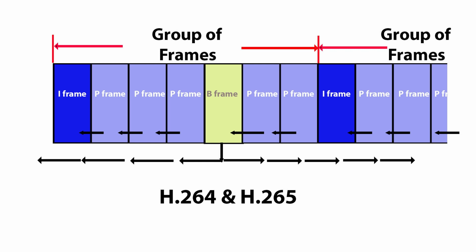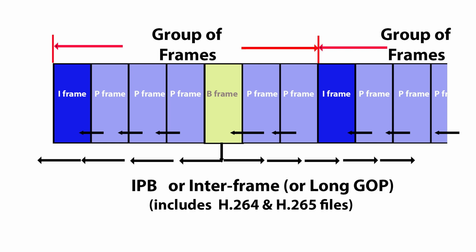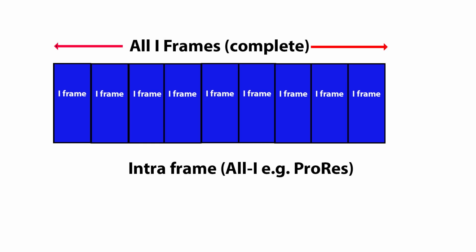To summarize, H.264 and H.265 files use all three frame types, usually loosely referred to as IPB or interframe, and confusingly sometimes also described as long GOP, which means long group of pictures. Whereas the process of just capturing complete images or iframes is sometimes referred to as All-I or intra-frame.